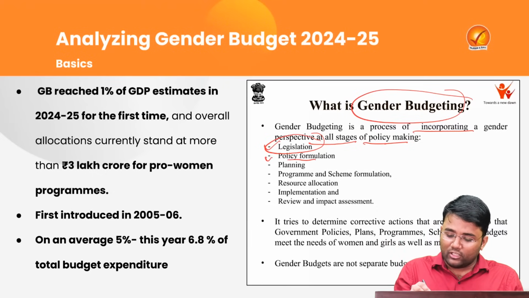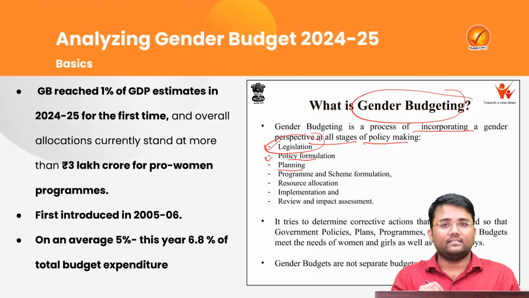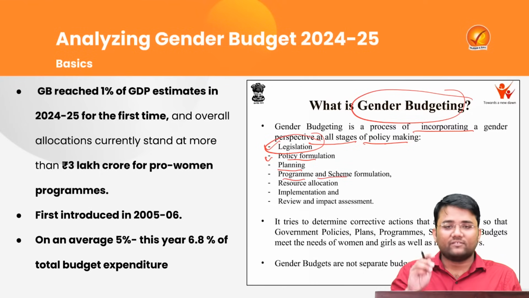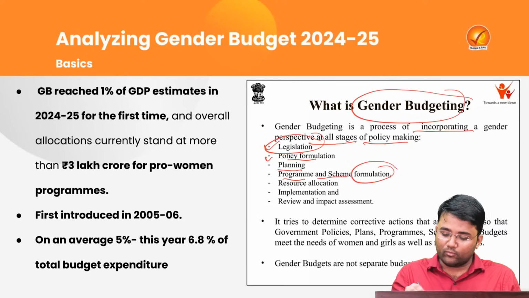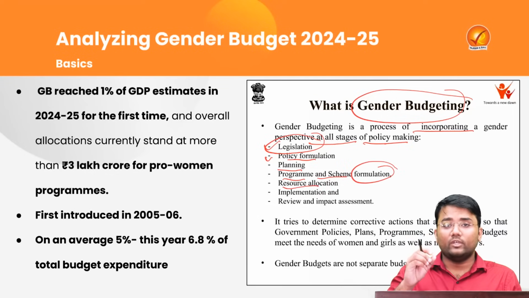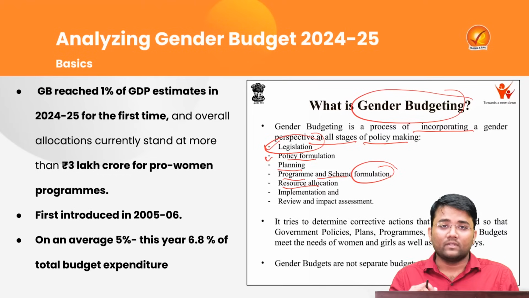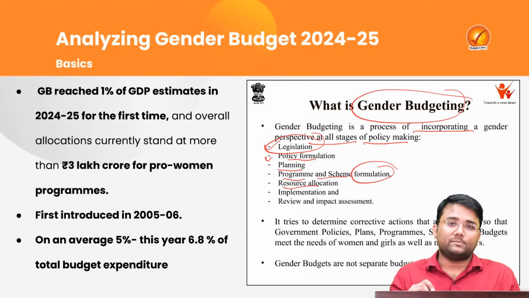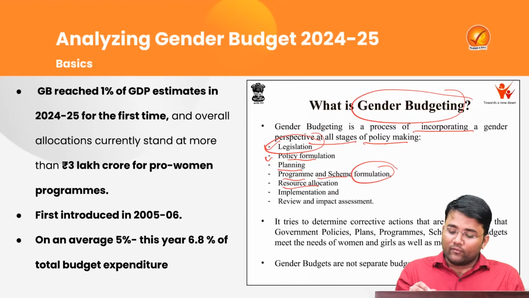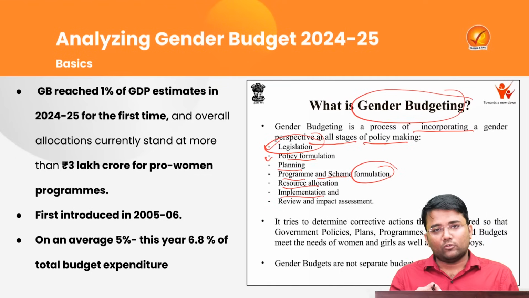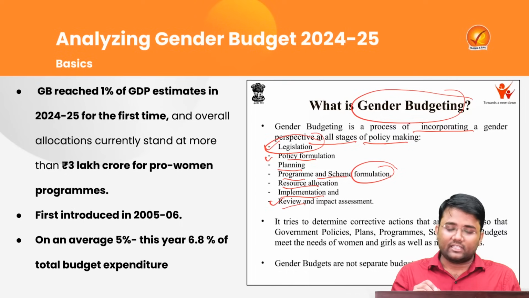Then with regard to the policy formulation or planning stage, or with regard to a specific program or scheme formulation, or if we are allocating specific resources during the budget making process, then also this gender perspective is incorporated. With regard to the implementation stage also, this gender perspective is seen.